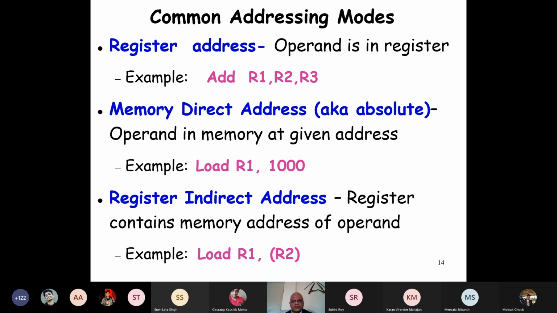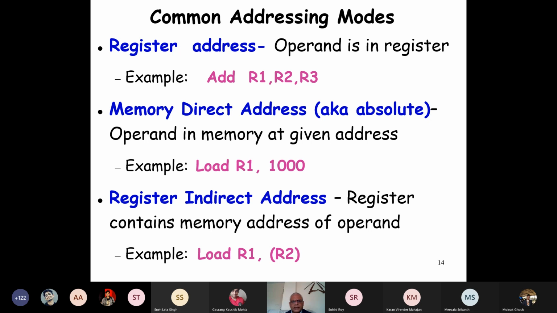This most used addressing mode is the register addressing. The operands are there in the registers R2, R3, and the result is produced in R1. So the operands are register addresses. This is also called register direct address. The memory direct address is also known as absolute address.